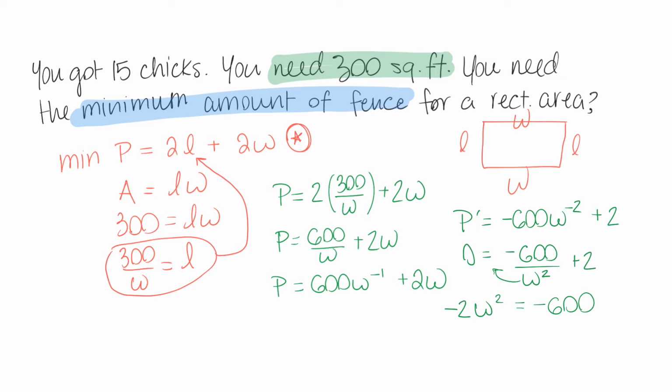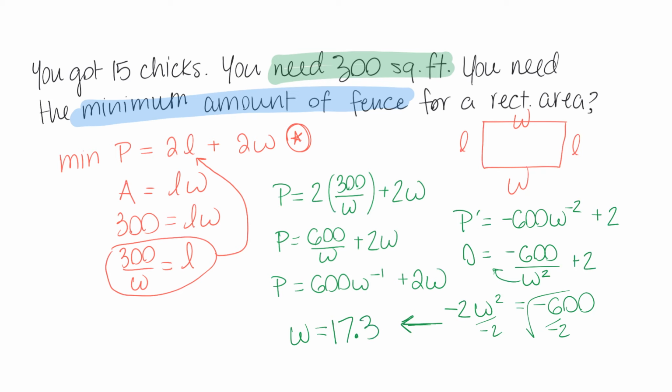Okay, now I'm going to divide out my negative 2. And then I'm going to take the square root, right? So negative 600 divided by negative 2 is 300. The square root of 300. What is the square root of 300? 17. So W equals 17.3.